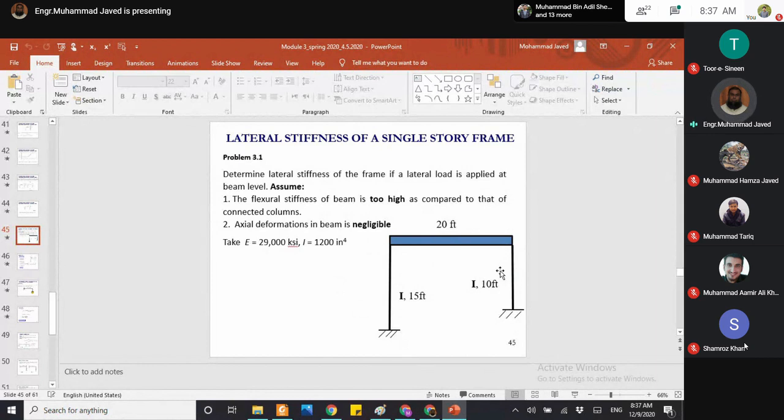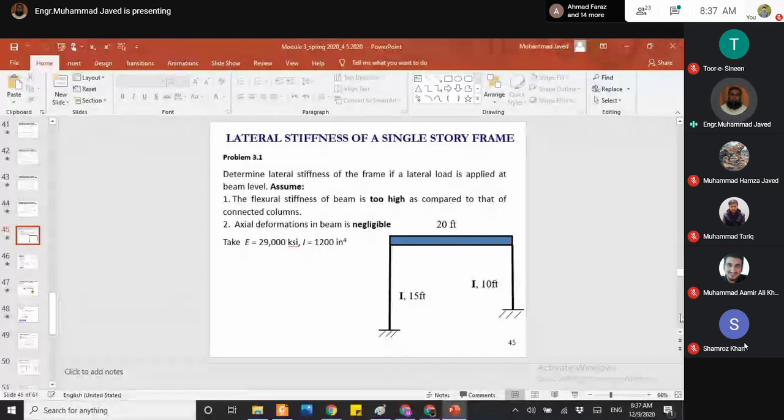And you will have to memorize that the lateral stiffness of a fixed-ended beam or fixed-ended column is 12EI over L cube, where L is the length or height of the beam or column. The values of E and I are given.